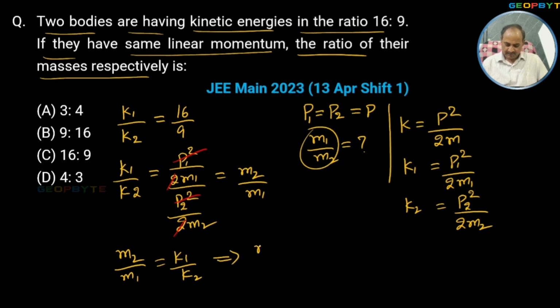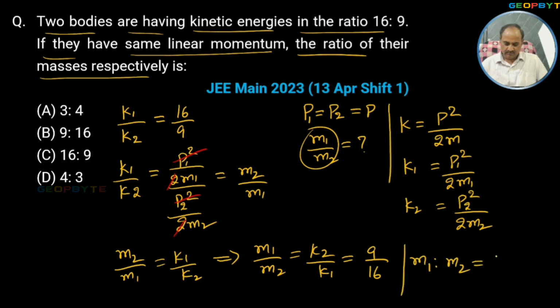Then m1 by m2 equals K2 by K1, which is 9 by 16. Therefore, m1 is to m2 is 9 is to 16, exactly the reverse of the kinetic energy ratio. Option B is absolutely correct.